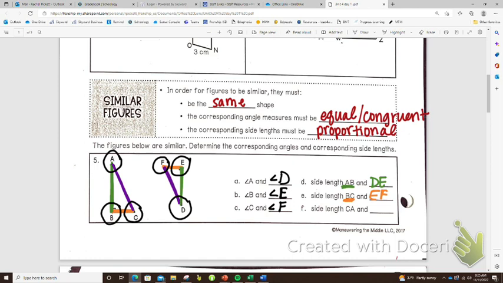And then side length CA was our purple leg, and that matches up with FD. So it helps to begin with if you're able to do those color coding strategies.